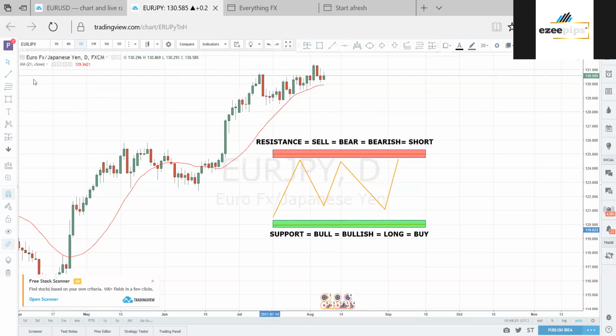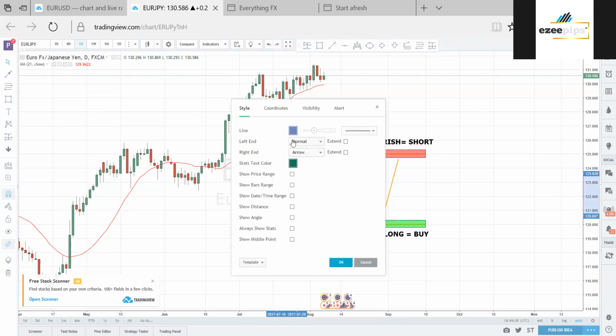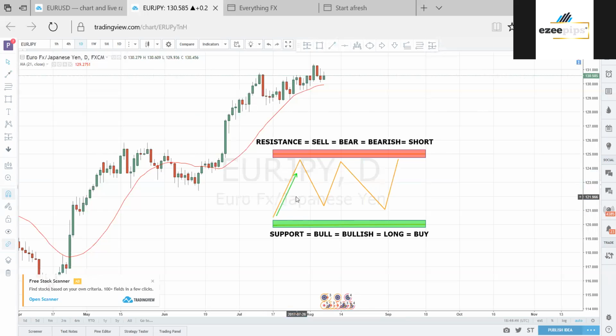Now, let me get an arrow that will also help with direction. At levels of support, this is what you're doing. Let me get the arrow green. Perfect.